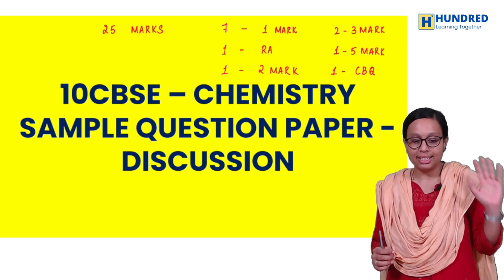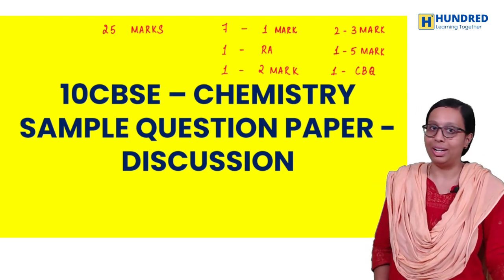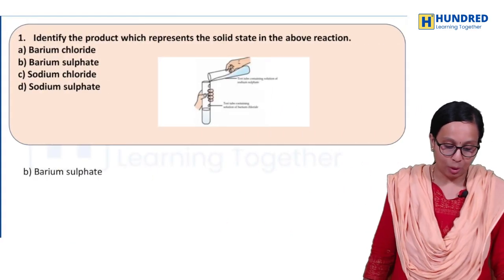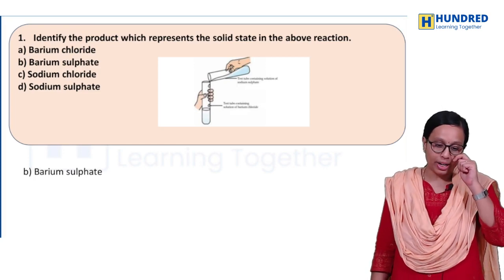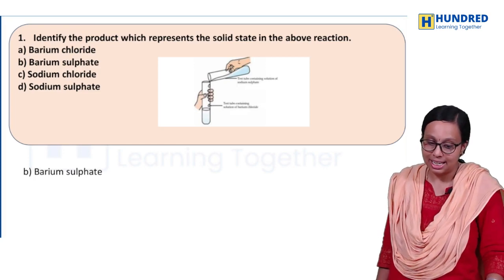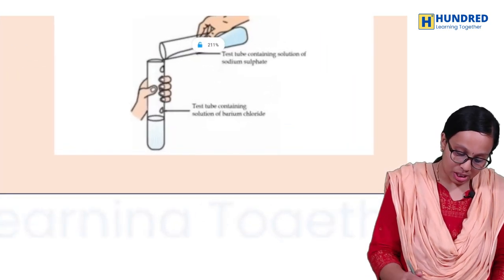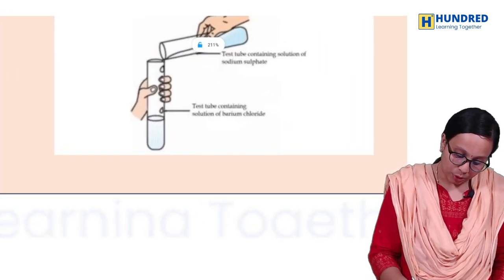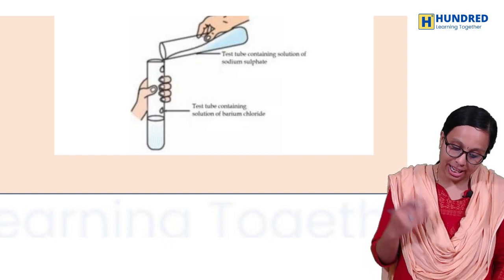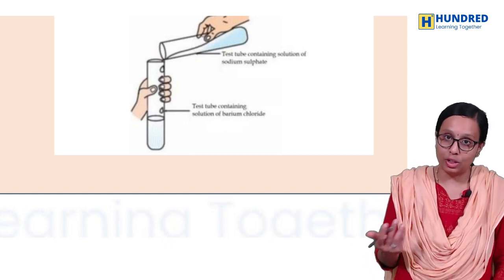So first we'll discuss the 1 mark questions, in order. Starting with the 1 marks: identify the product which represents the solid state in the above reaction. Here in this reaction, they are taking a test tube which contains barium chloride, and another test tube which contains sodium sulfate.